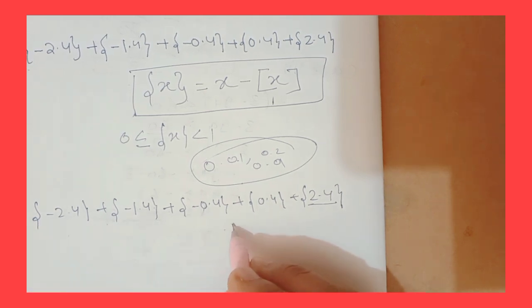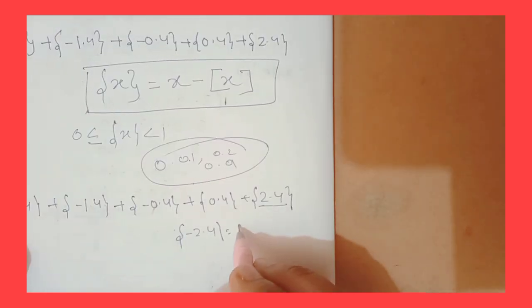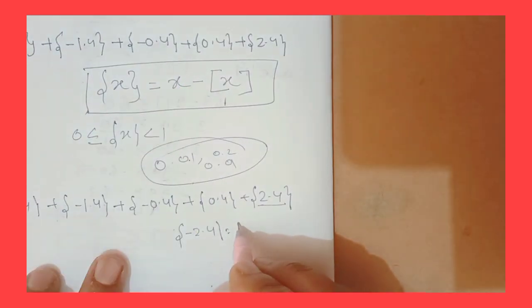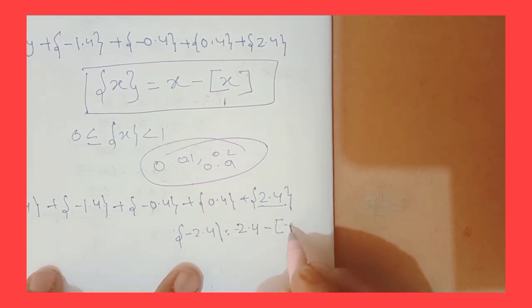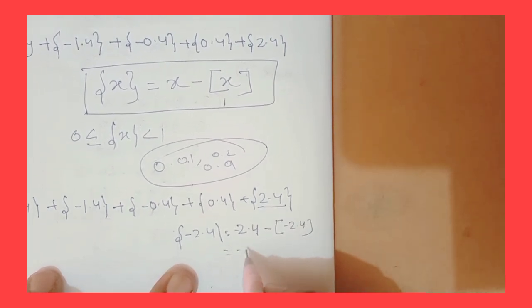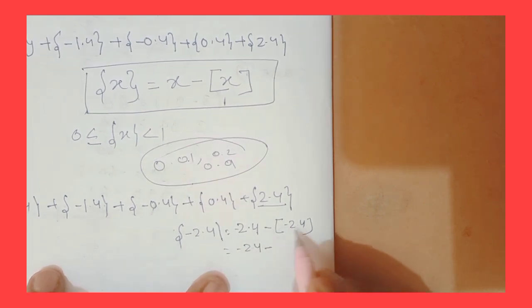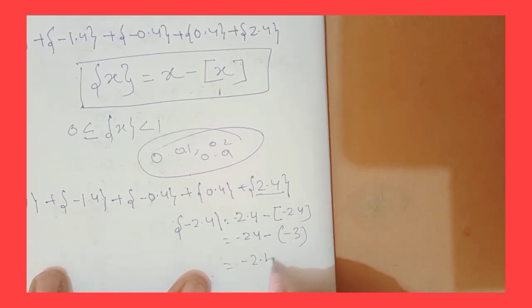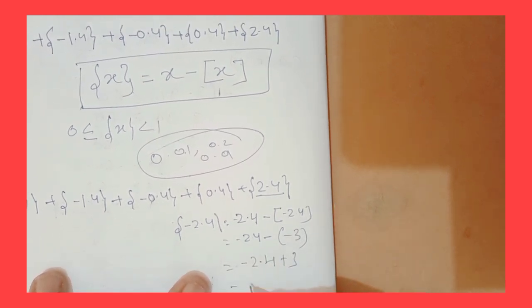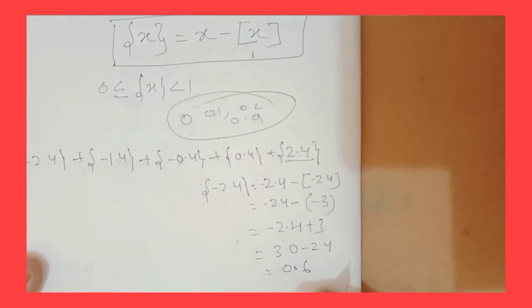For negative, let's suppose minus 2.4, apply the formula. Write x as minus 2.4, minus the greatest integer function of minus 2.4, which will be minus 3. So minus 2.4 plus 3, that is 3.0 minus 2.4, will come to 0.6.